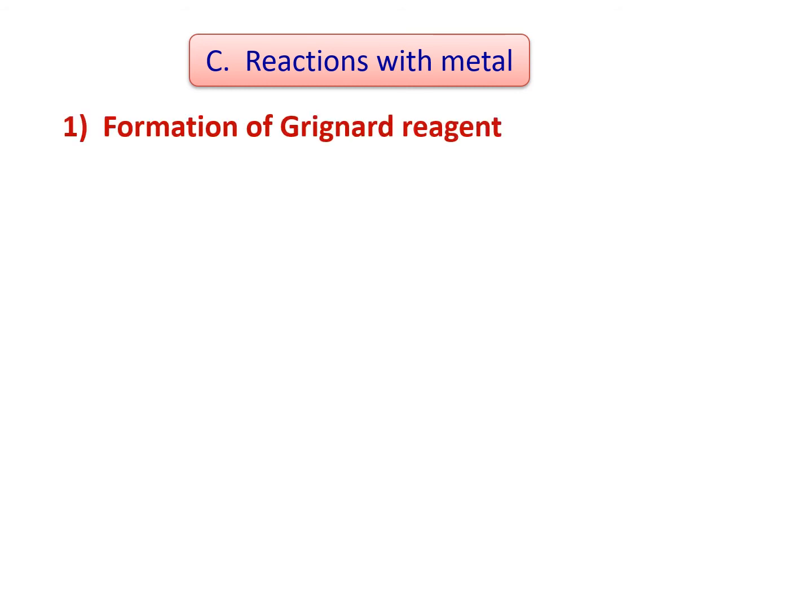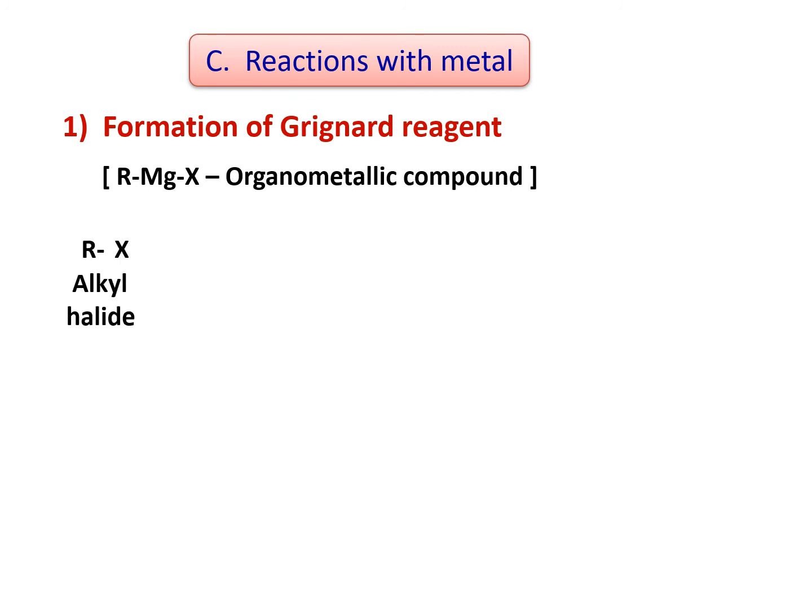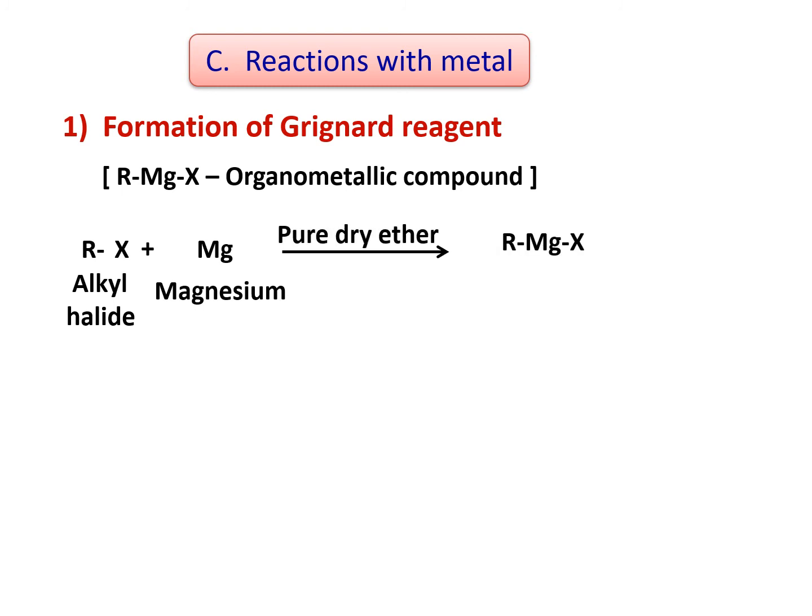The first reaction under this category is formation of Grignard reagent. Grignard reagent has the general formula RMgX, in which magnesium is directly bonded to a carbon. This Grignard reagent is an organometallic compound. Alkyl halide reacts with magnesium metal in presence of pure and dry ether to form RMgX, that is Grignard reagent.